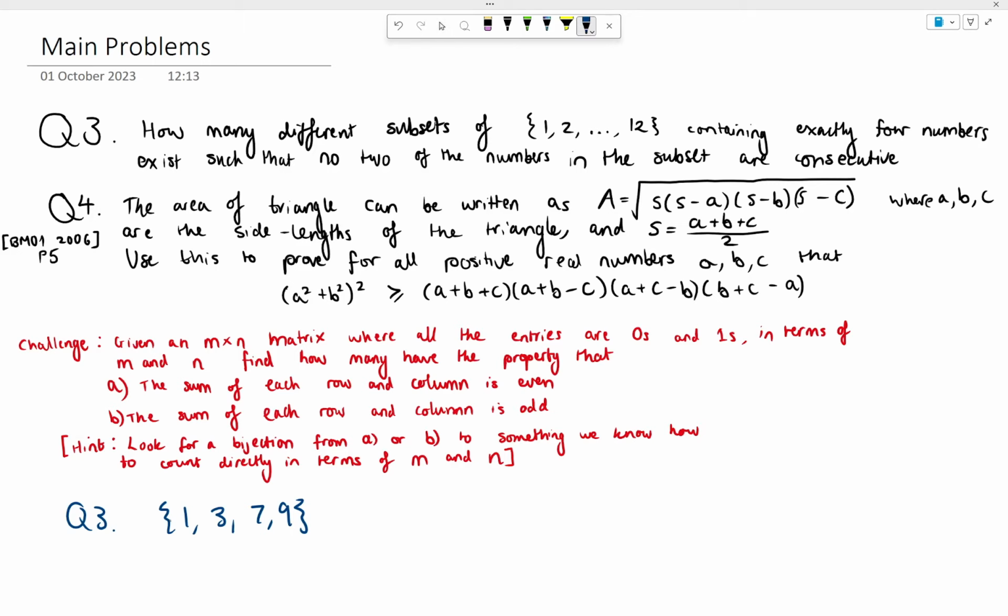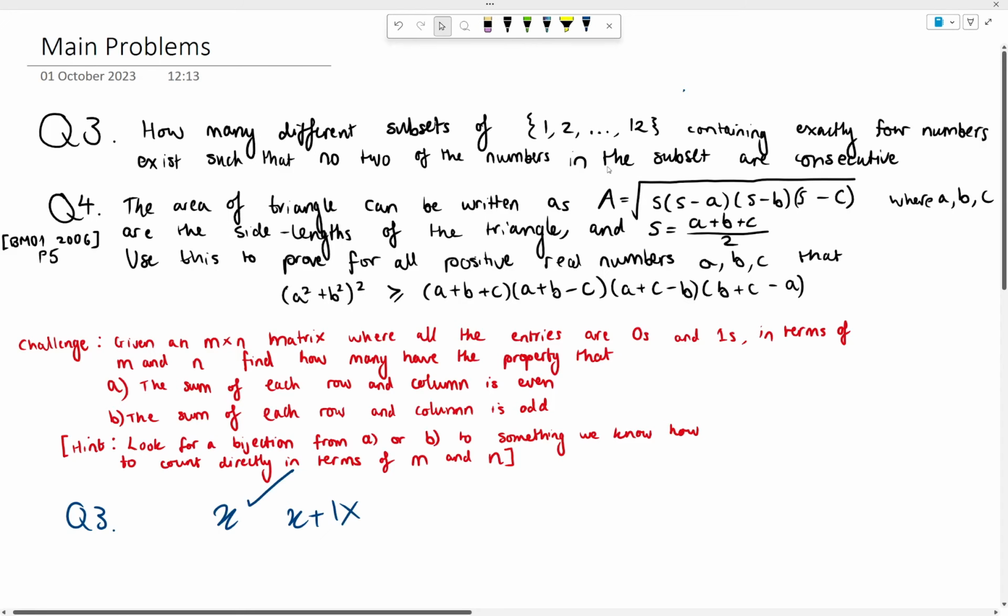But the way that you can imagine it is, if I choose a number x, then I cannot choose the number x plus 1. So if I choose x, then I can't choose x plus 1.